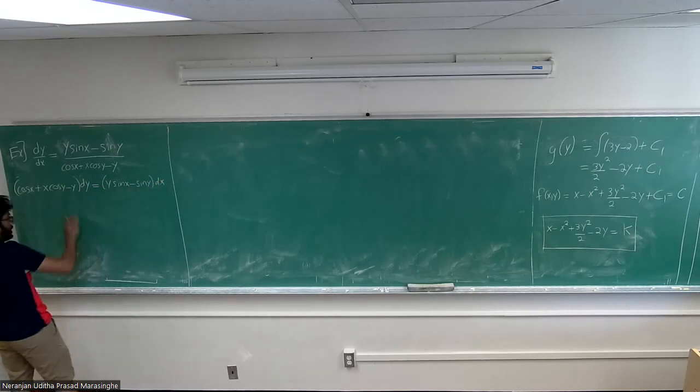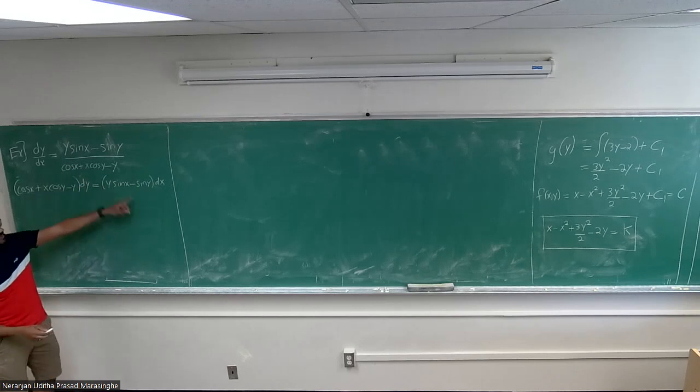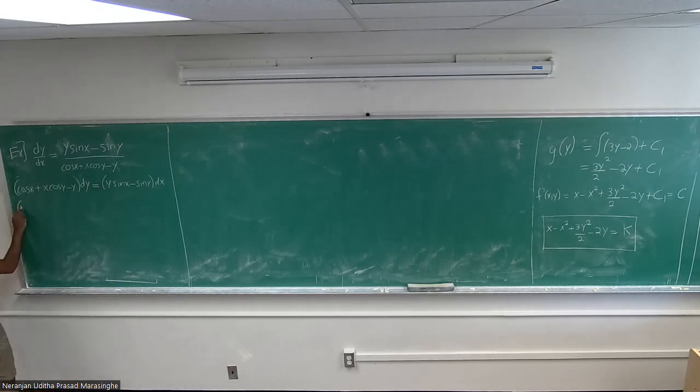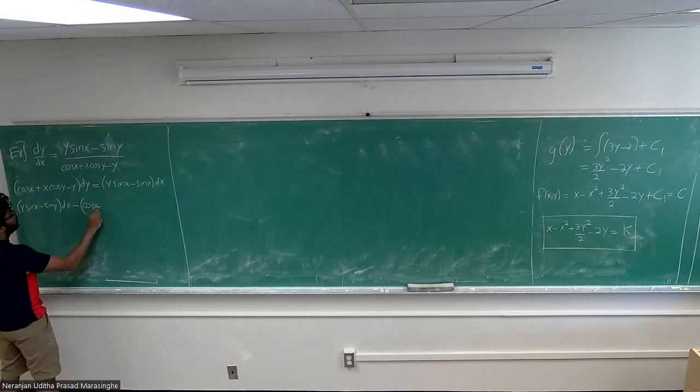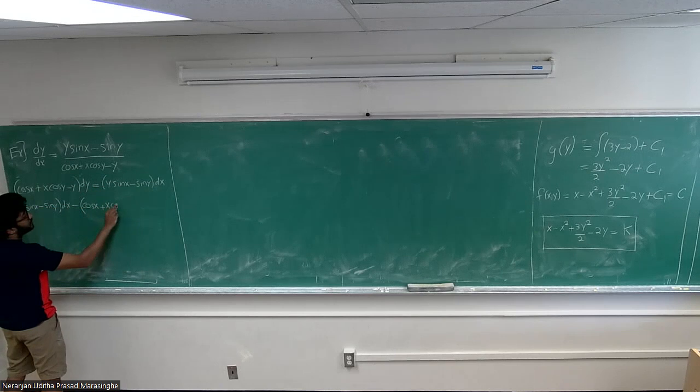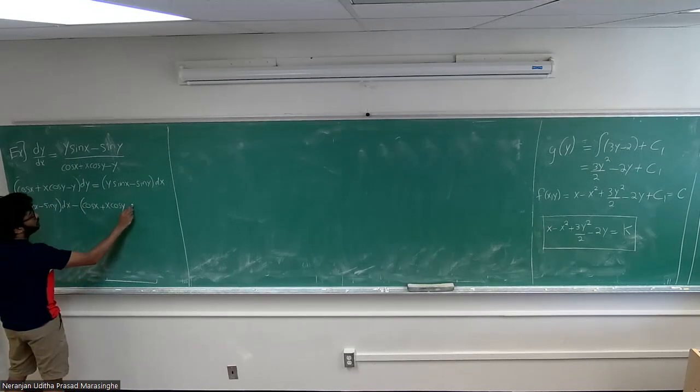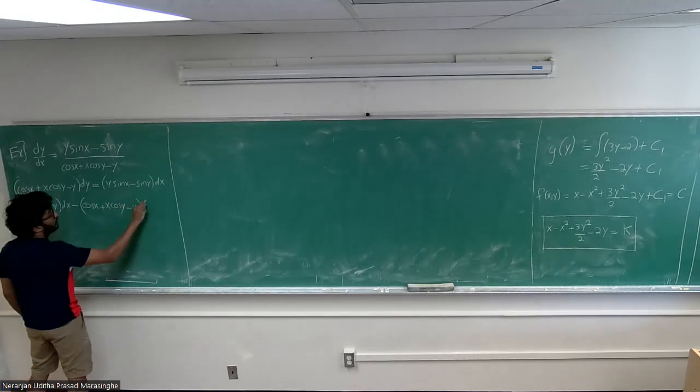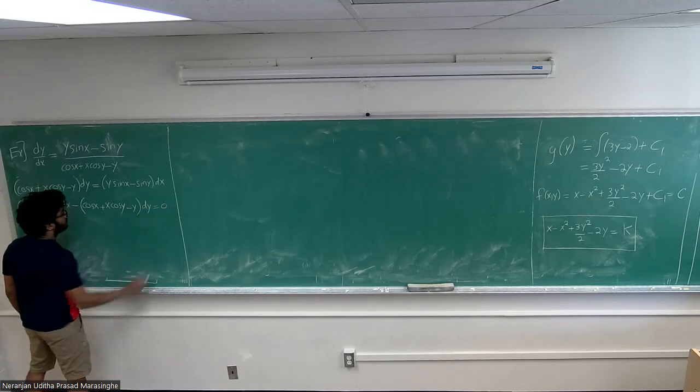Then I take this to the other side: y times sine of x minus sine of y dx minus cosine of x plus x times cosine of y minus y dy is equal to 0.